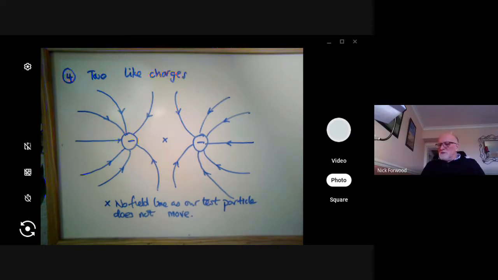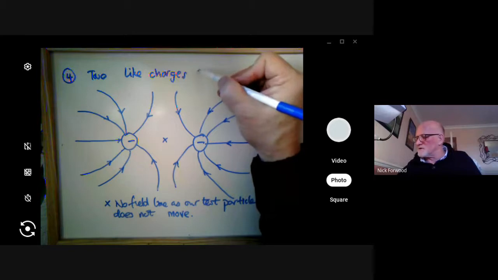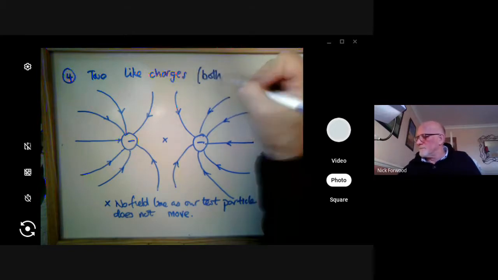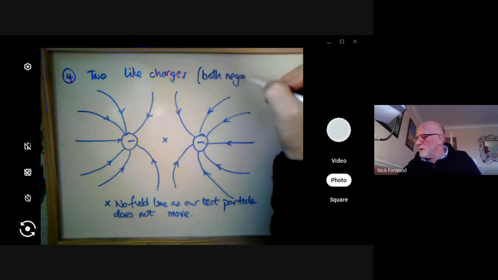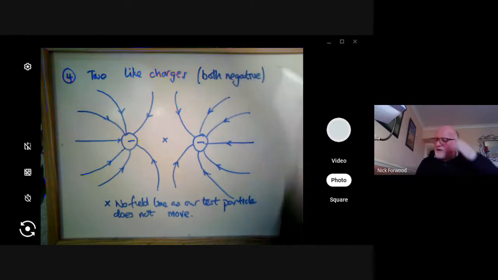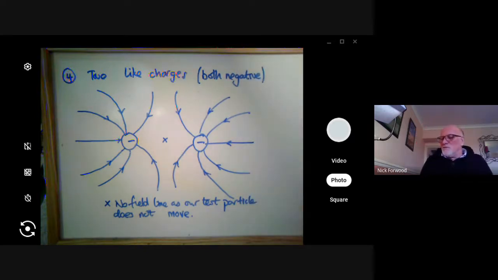Okay, so this is our two like charges, and our two like charges are both negative. So I'm actually going to go back up here and I'm going to say both negative. And I'm going to do a sort of shortcut in a minute, and we'll have a look at two like charges that are both positive, which will be the second bit of number 4. It's pretty similar to this. In fact, it's exactly the same pattern, but with the arrows going in the opposite direction.